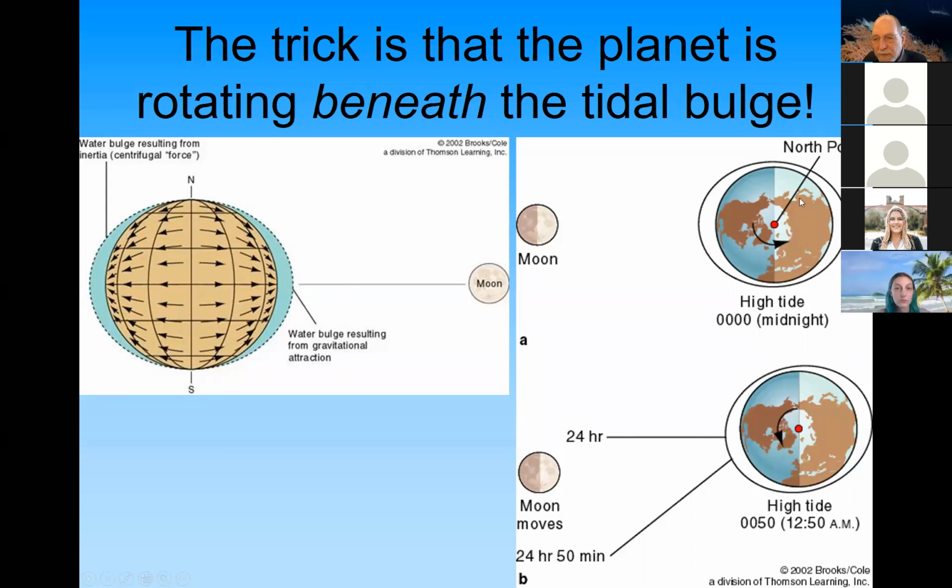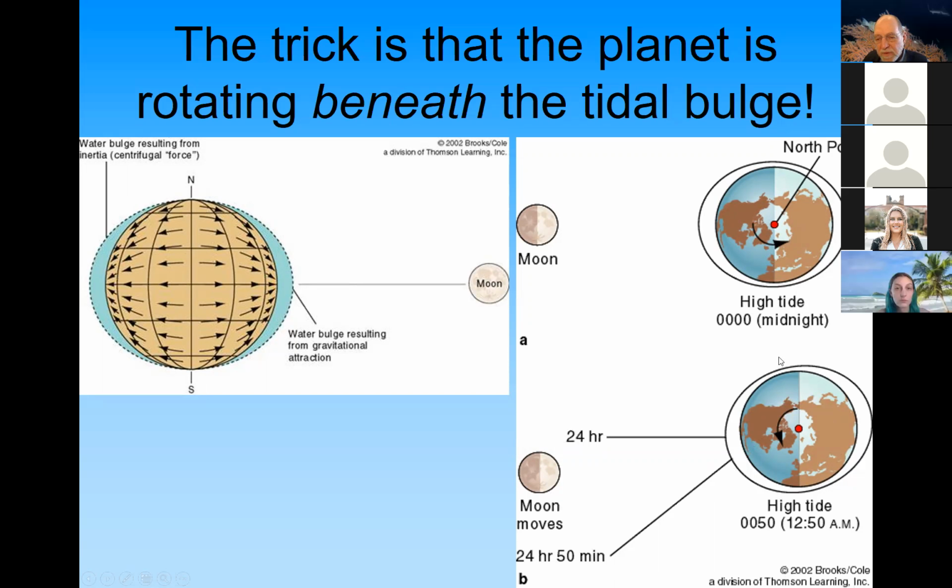And then the planet orbits 24 hours, but in that 24-hour period that the planet has orbited, the moon has progressed in its orbital path around the Earth. So the relative motion of these systems has a period not of 24 hours, but of 24 hours and 50 minutes. And that extra 50 minutes is generated by the fact that the orbital path of the moon follows the rotational path of the planet.